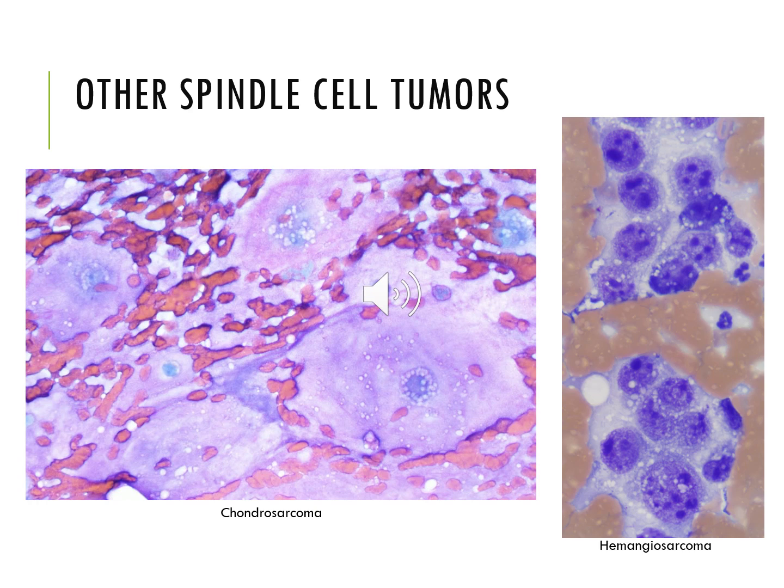This was just a really beautiful image, I thought, and so I wanted to share it with you guys. This is a really good example of what a chondrosarcoma can look like with the matrix and the atypical spindle cells present.